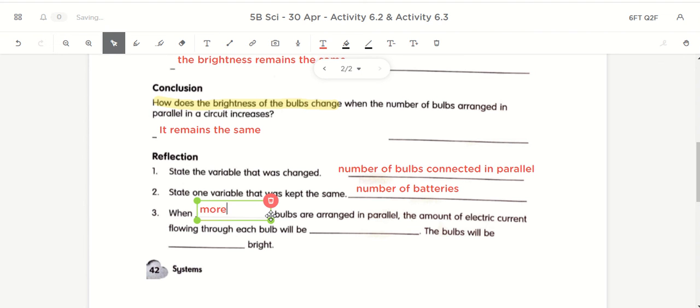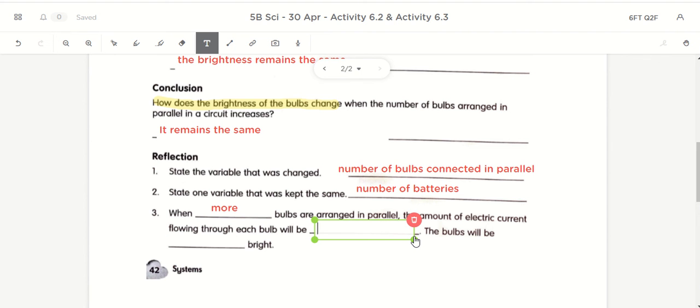So when more bulbs are arranged in parallel, the amount of electric current flowing through each bulb will be the same, or unchanged. You can also write unchanged. So when you have more or fewer bulbs arranged in parallel, the keyword here is parallel.